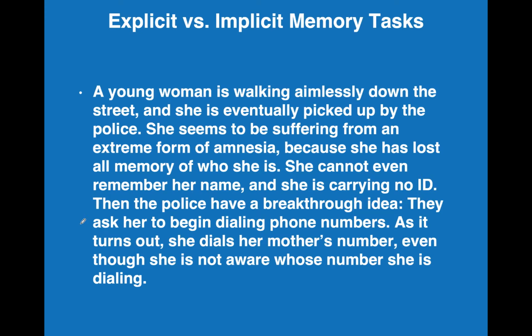Then the police have a breakthrough idea. They ask her to begin dialing phone numbers. As it turns out, she dials her mother's number, even though she is not aware whose number she is dialing.